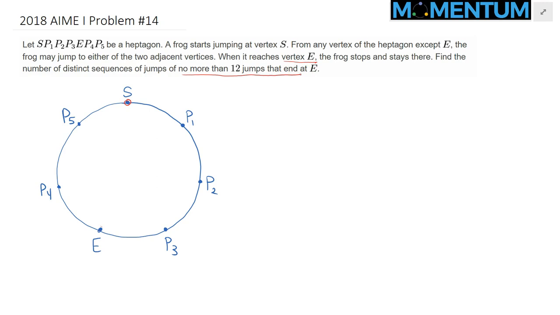The approach that I will use for this problem will be pretty much the same as the approach we used for problem number 10 in AIME I of the same year. It's strange that we have two AIME problems using recursion in a sort of geometric fashion. But let's just do it regardless.